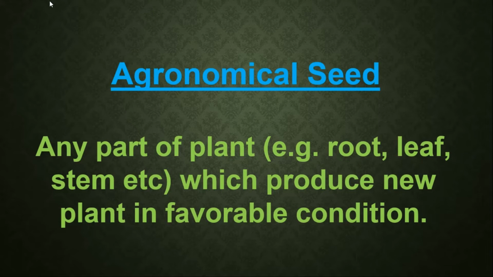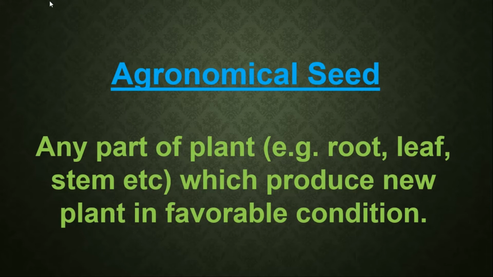From this definition, two items are considered. One is plant part, that is root, leaf, stem, sucker, etc., and the other is favorable condition. Favorable condition means temperature and humidity. Both must be favorable, and a plant part must be present.